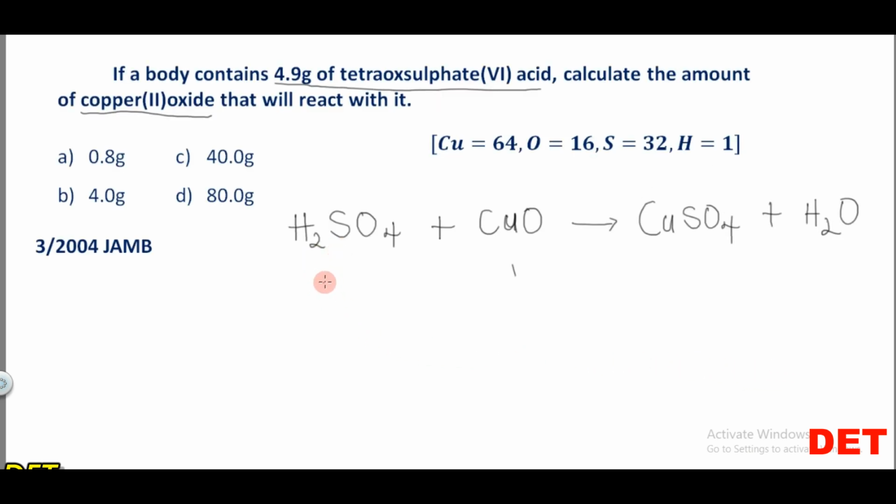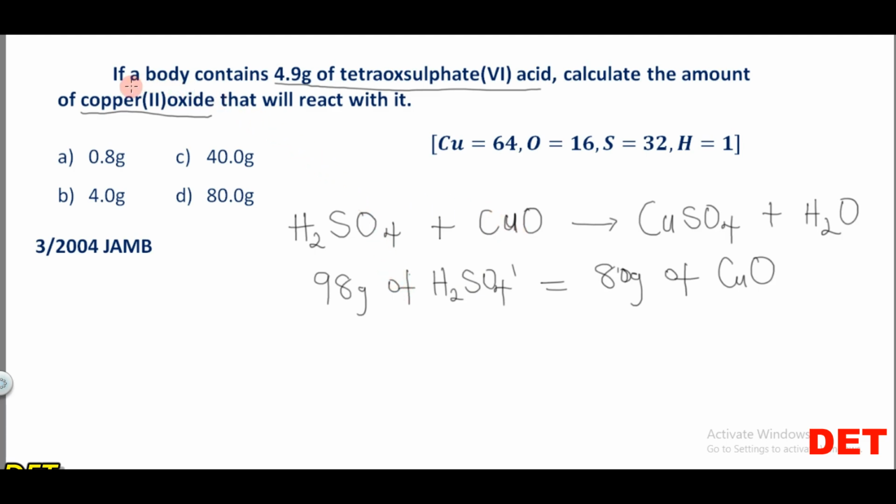So 98 grams of tetraoxosulphate(VI) acid would be needed to react with 80 grams of copper(II) oxide. From this balanced equation, we need 98 grams of this acid to react with 80 grams of copper(II) oxide.